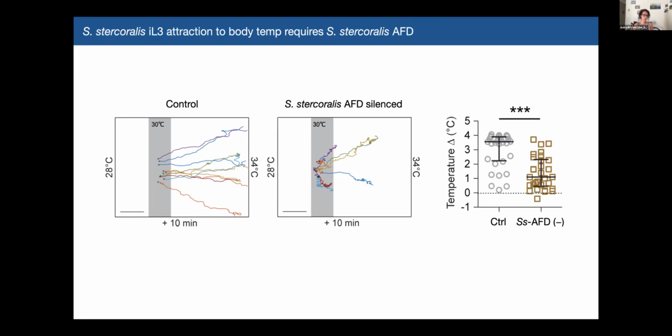So we have this situation where a common sensory neuron, AFD, contributes to both C. elegans and S. stercoralis thermotaxis, despite dramatic differences in their behavior. Are those behavioral differences at all reflected in how the AFD of each species responds to thermal stimuli? For example, we might hypothesize that S. stercoralis AFD could be specialized for encoding warmer temperatures than C. elegans AFD.